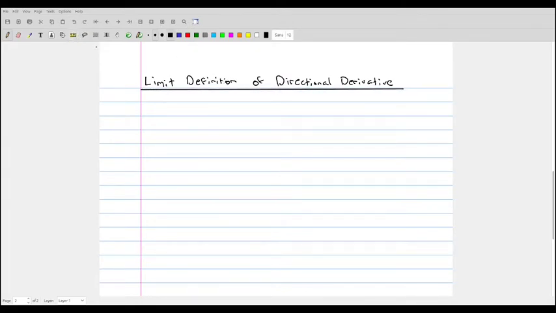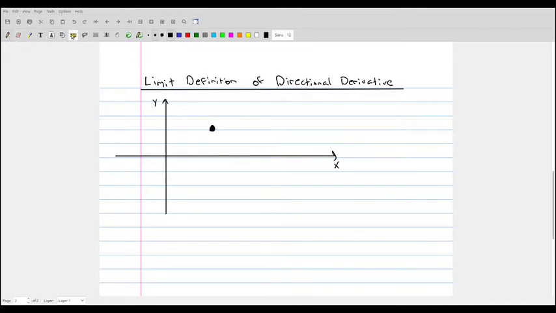In order to do this, we need to draw a picture and get an idea of what exactly we're talking about. So we have our x-axis and our y-axis. We also need a point at which we're going to be evaluating the directional derivative.